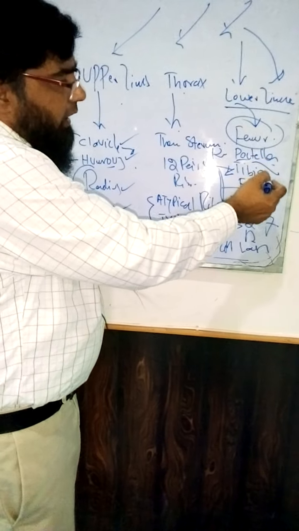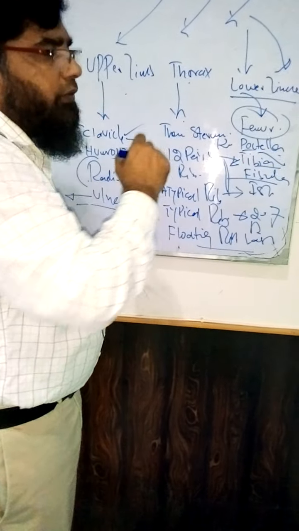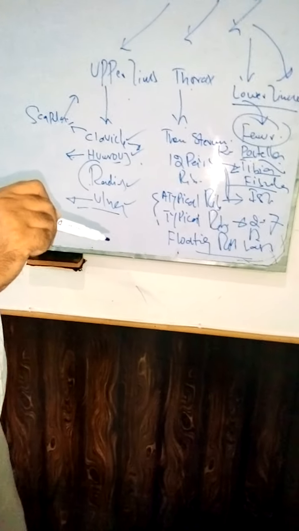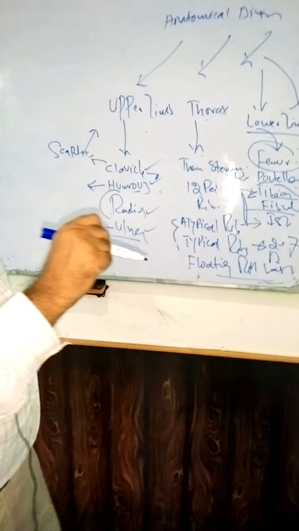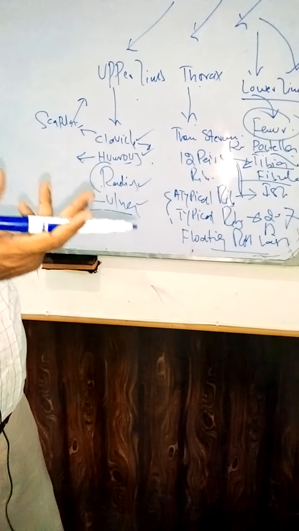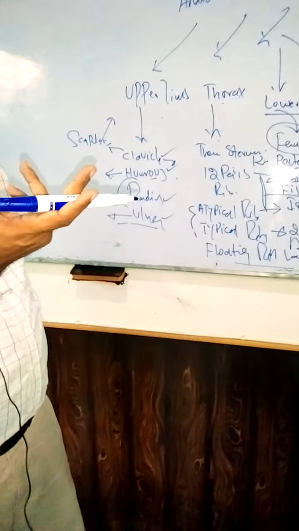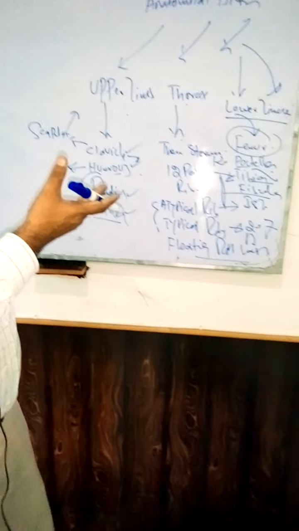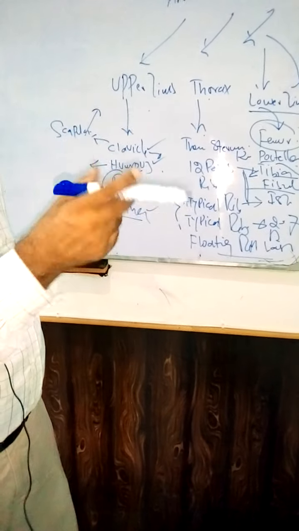Then after the patella, another bone, the thickest bone in the human body, is called the tibia. The tibia is also called the strongest bone in the human body. The second name of the tibia is the shin bone, because the shin muscles are located on the front side of the bone.